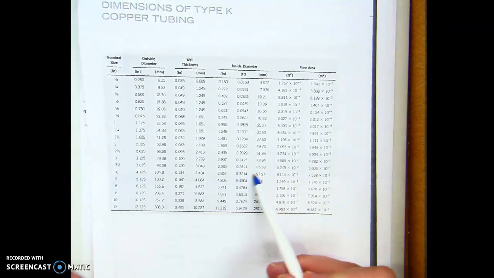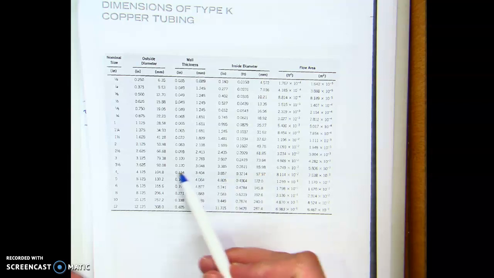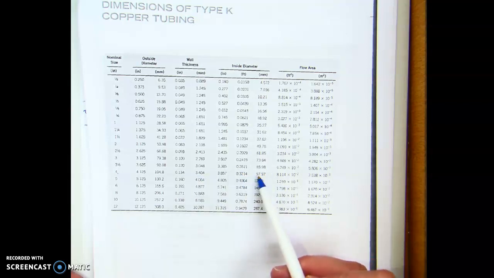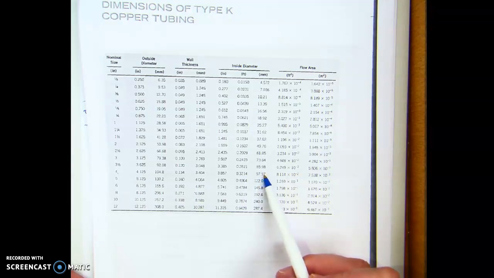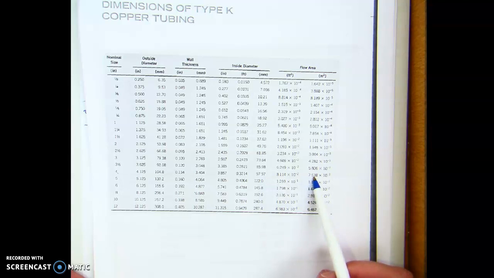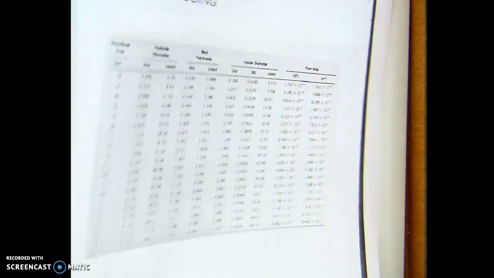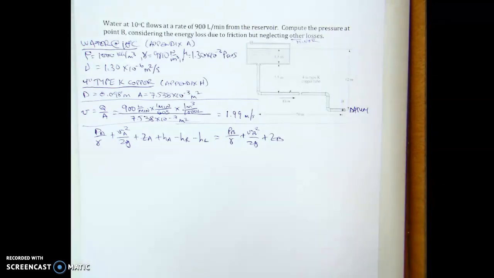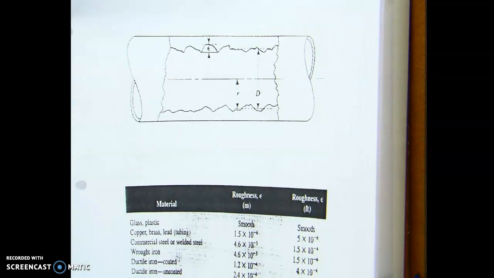We read across. We don't need the outside wall thickness. The 97.97 millimeters, which I think I rounded off to 98 on my sheet. And then the flow area is good as well, 7.538 times 10 to the minus 3. Also, one other item that I did not write down in my housekeeping is my epsilon value.